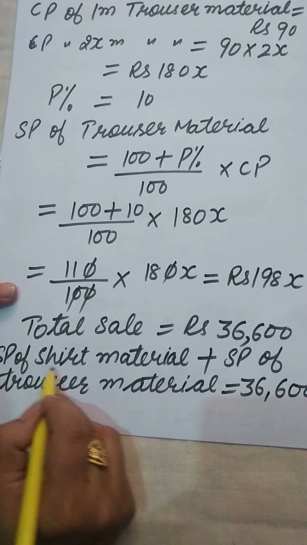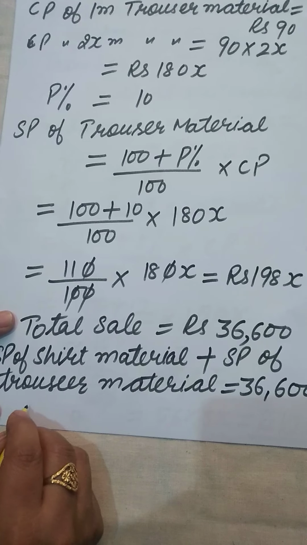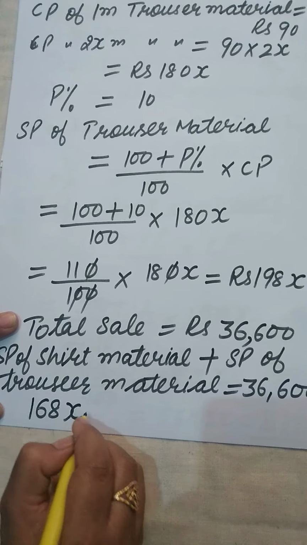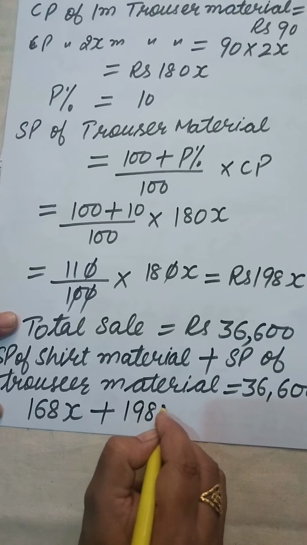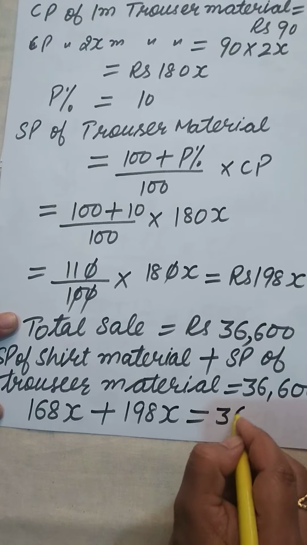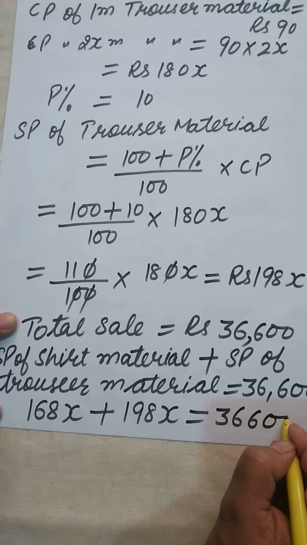The selling price of the shirt material we have calculated is 168x, and for the trouser material it is 198x, that is equal to 36,600.